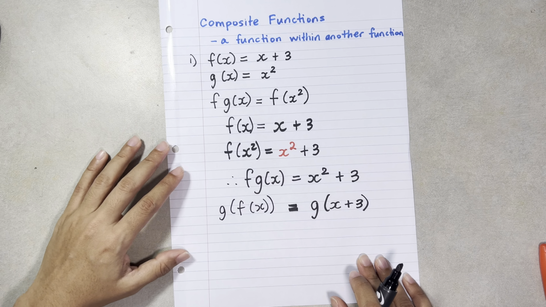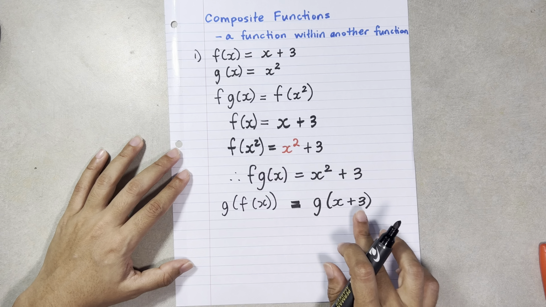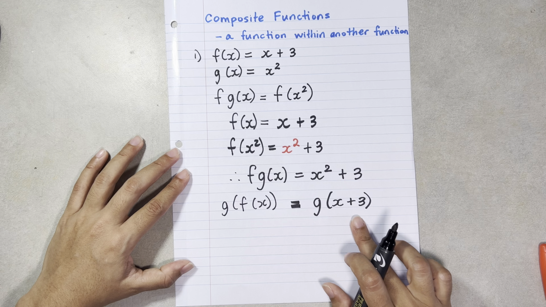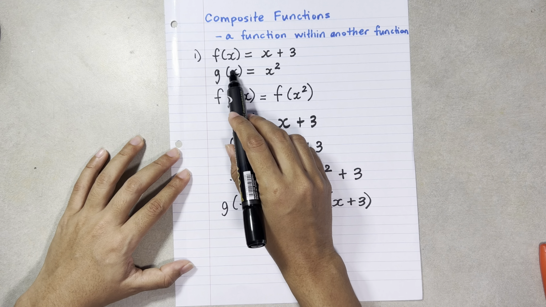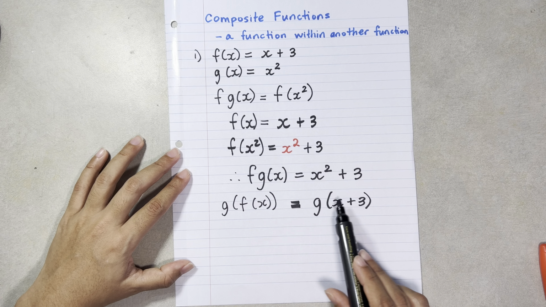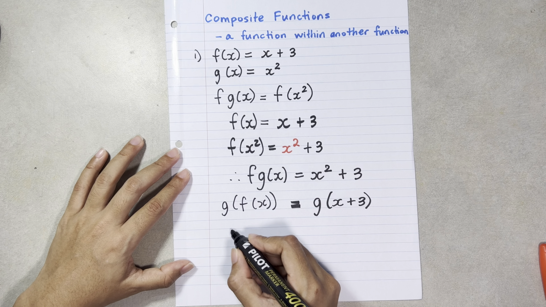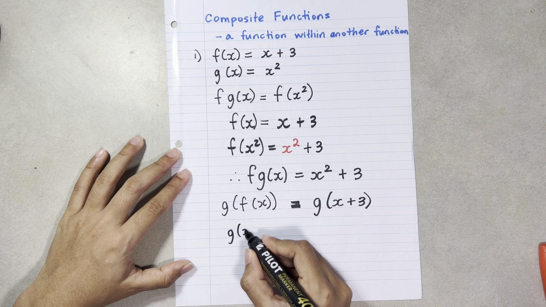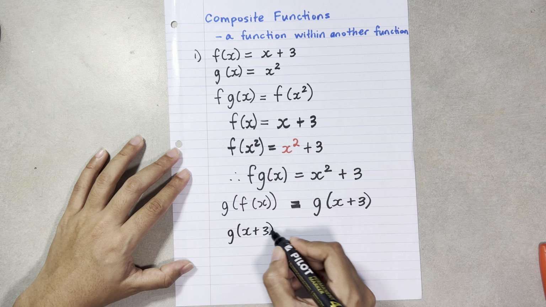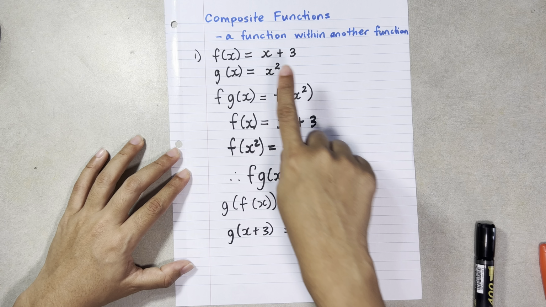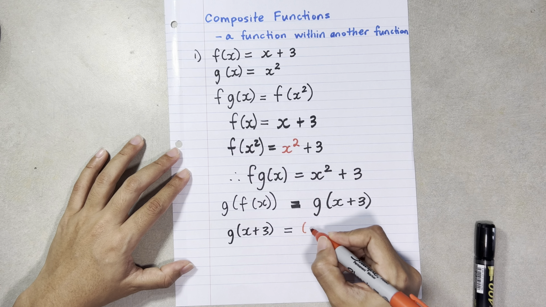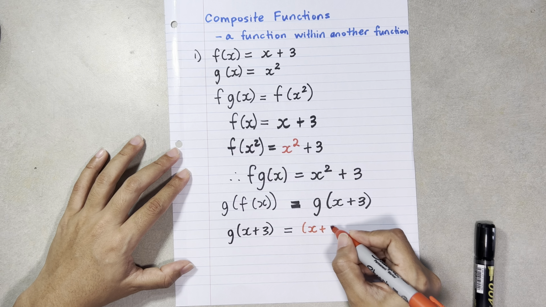And therefore, what I will do here is I will substitute x plus 3 into the function g of x. So wherever I have x in that function, I'm going to replace it with x plus 3. So g of x plus 3 is equal to, well, g of x is x squared. So I replace x with x plus 3.